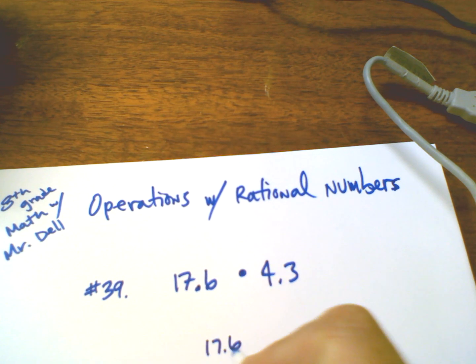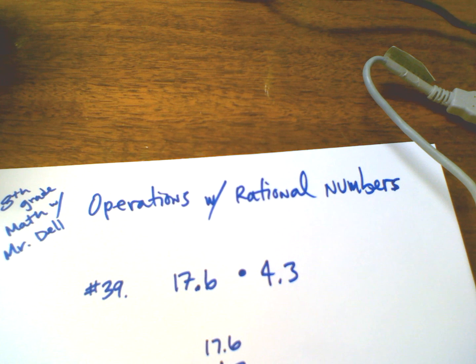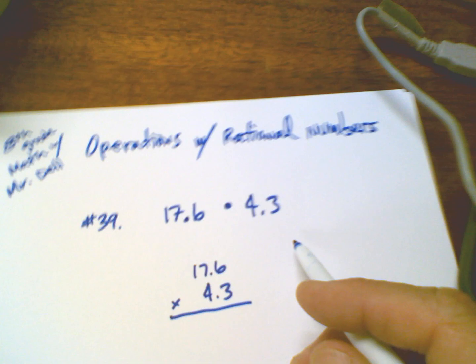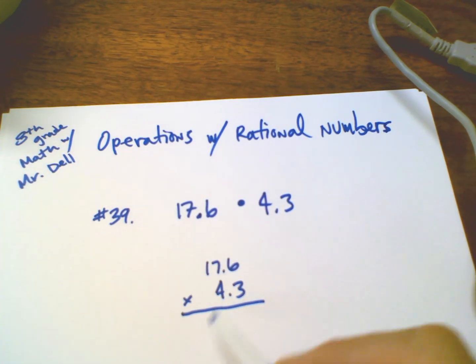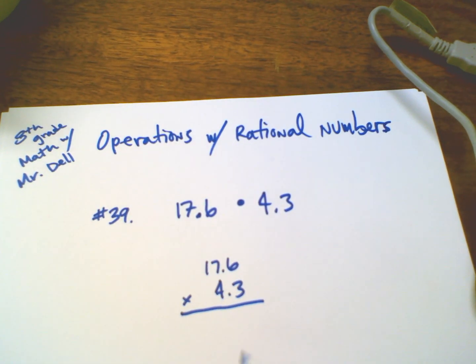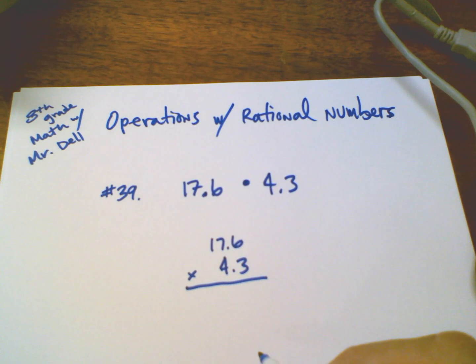Line them up, and in this case, the decimals do line up, but it wouldn't matter if they did or did not, because at the end, it's all about how many decimal places were there in the beginning, right? So let me move that down here. So I line them up as normal, and this is doing it without a calculator, and that's what I need you to know how to do.